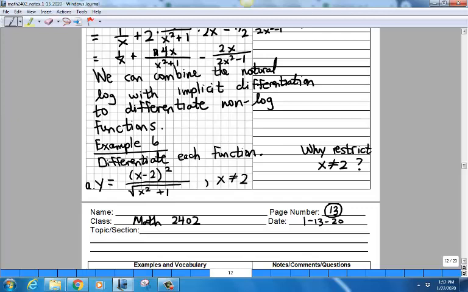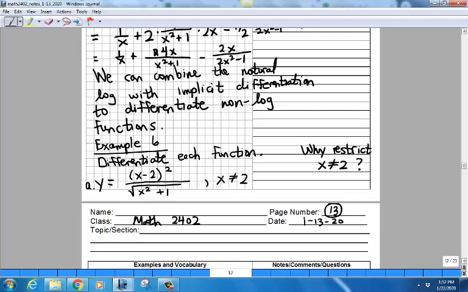Ooh, there's a term from Calculus 1, implicit differentiation, and by combining those two ideas, that can sometimes give you a convenient way to differentiate complicated expressions that don't even involve natural logs, all right? So what I'm showing here is kind of a little trick that you can use to differentiate. It's really only useful with complicated expressions, even when they don't have natural log in them.